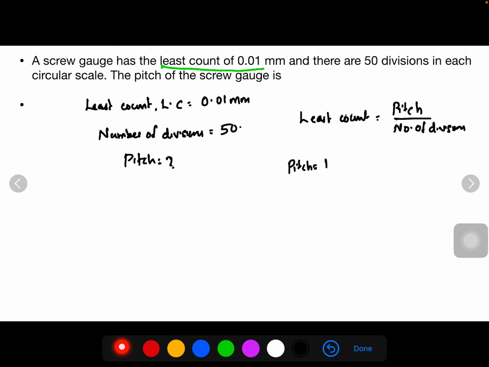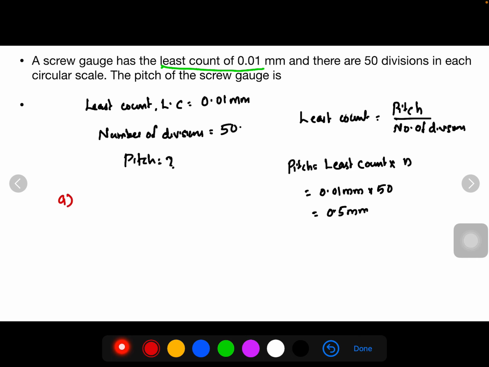Pitch is equal to least count into number of divisions. So the least count is here 0.01 millimeter and the number of divisions is 50. So the answer is 0.5 millimeters.